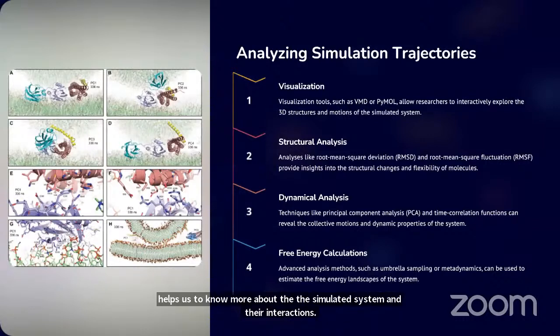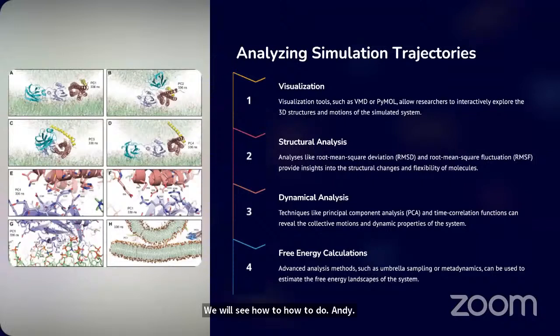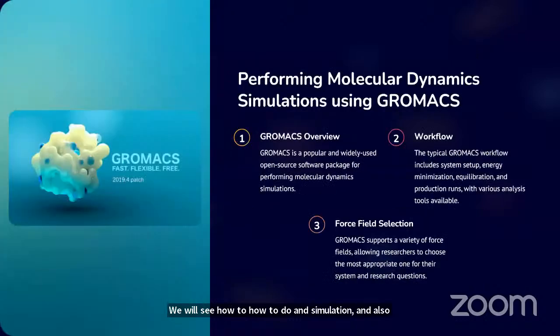So we'll see how to do MD simulation, and also some of the analysis. We are going to use GROMACS for the simulation, which is one of the most popular tools for protein and protein-ligand simulation.